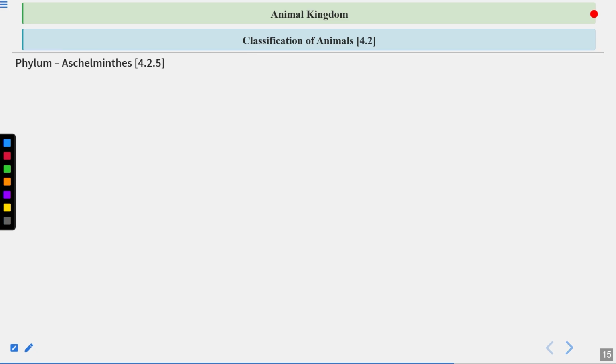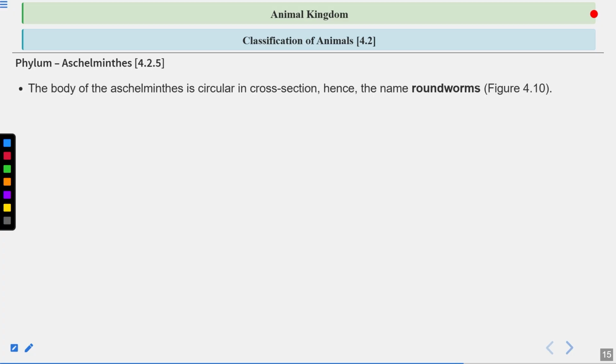Next phylum, Aschelminthes. The body of the Aschelminthes is circular in cross section. Hence, they are named roundworms. So, what about the platyhelminthes? Flatworms. Aschelminthes, roundworms.